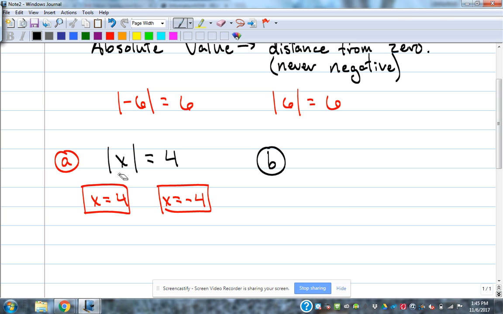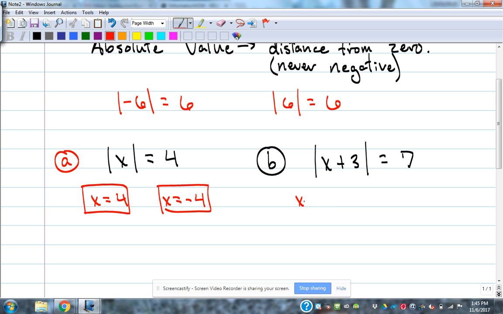So when you set up your equations, you're taking whatever's inside the absolute value. Like, let's say we had x plus 3 inside the absolute value, and it's equal to 7. Well, no, not yet. Because we're looking for something plus 3 that has a distance away from 0 of 7.